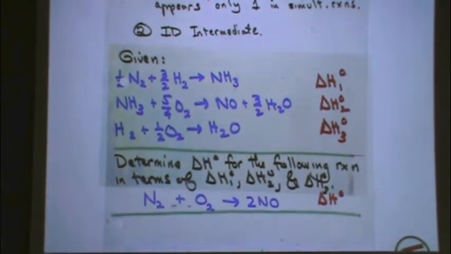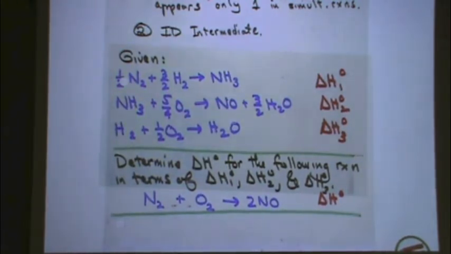This is a pretty typical example. In this example, we want to find delta H. There's 3 reactions up top. Those are called the simultaneous or consecutive reactions. Each of those have a delta H with them. We're just calling them here delta H 1, 2, and 3. At the bottom, you see the overall reaction. That's the reaction we want the delta H for.